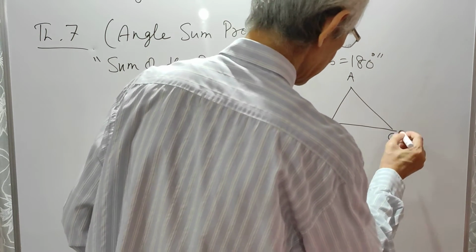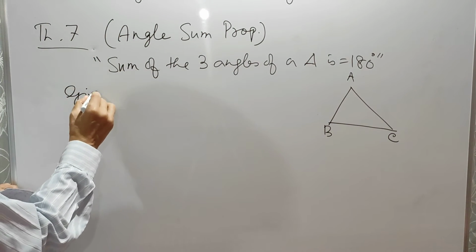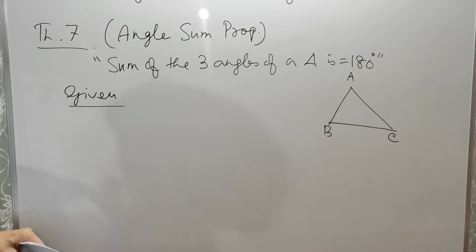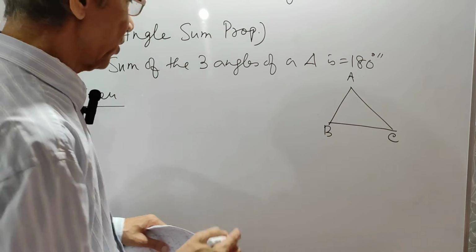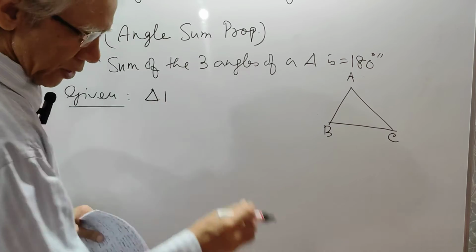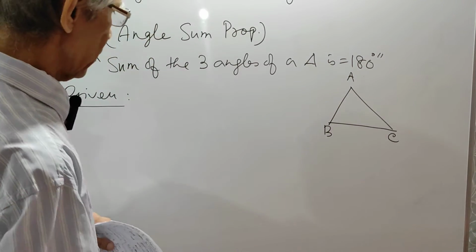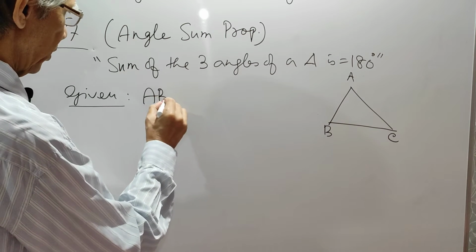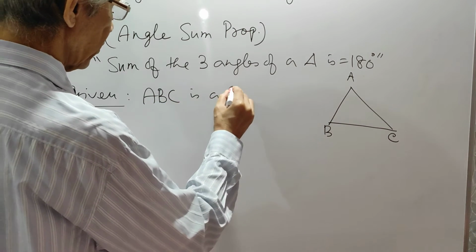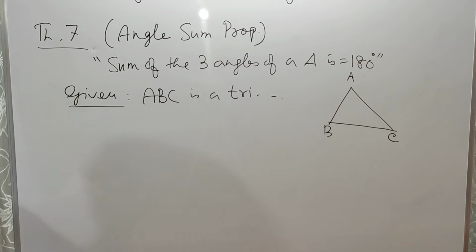ABC is a triangle. This triangle is given. So what is given? Triangle ABC. That is what is given.